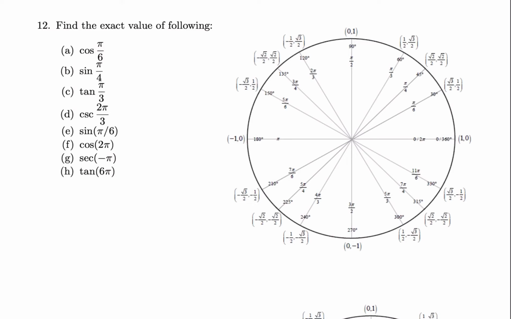So let's look at one at a time. Cosine pi over 6. In the beginning, I do suggest you write this as a habit: cosine of angle theta and sine of angle theta, these two.